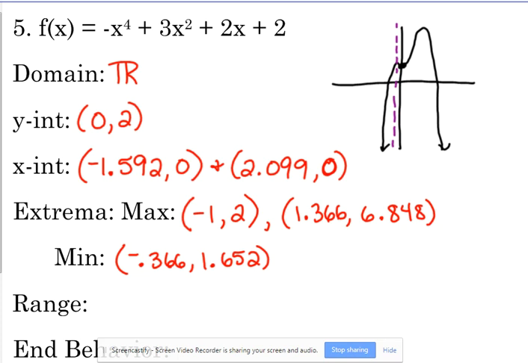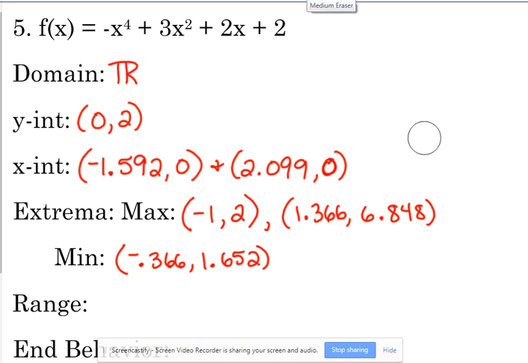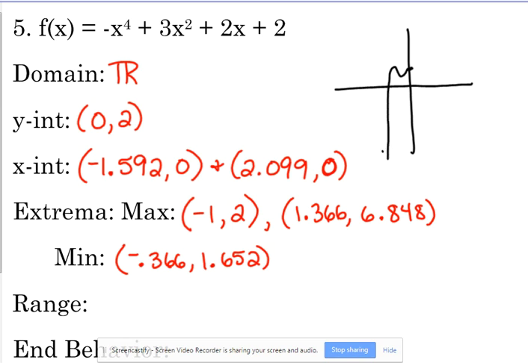I drew my graph too close. Let's try again. There we go. Just exaggerate it a little bit. So you should already have those vertical lines drawn through your maximums and minimums. So you should have 3 lines on your graph there.